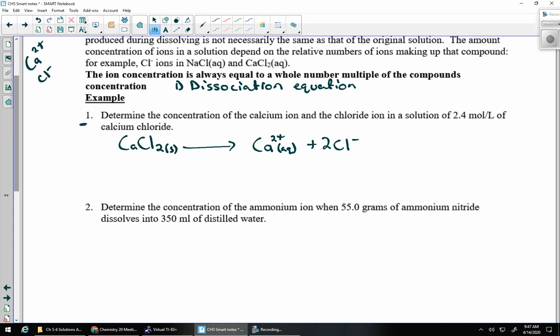We're looking for the concentration of calcium. So if calcium chloride has 2.4 moles per liter and it makes the same amount of calcium, well, the calcium is going to be 2.4 as well. But let's check this out in the actual mathy sort of view.